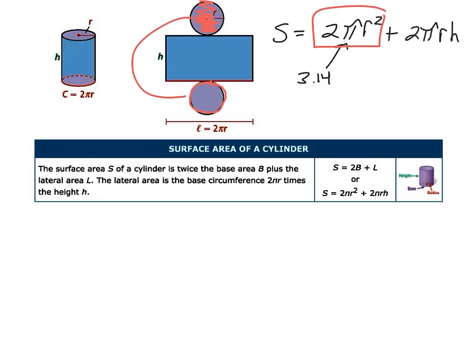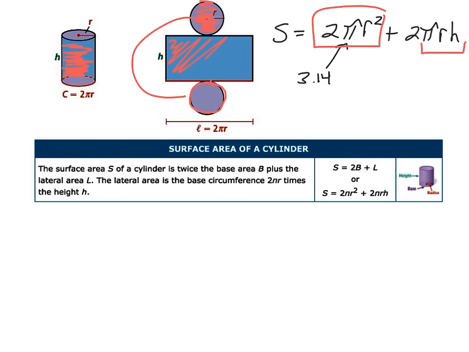Now I have to find the area of the lateral part of this, the part that goes up. Remember, it's still round. It's not flat. It's not rectangular. So pi is still involved. So we multiply pi times r times h, and we double that. The height is involved in this one.